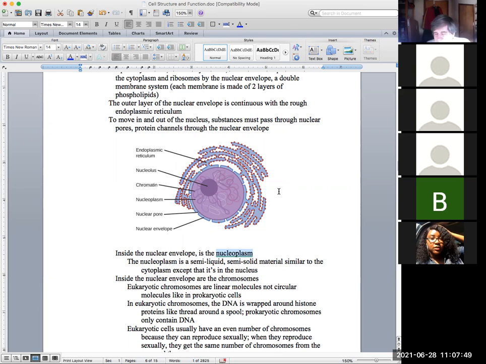Now, there's a disadvantage to this. This is a little bit slower. A bacteria cell can make proteins much more rapidly than a eukaryotic cell can. Prokaryotic cells can make proteins almost instantly. But there's also an advantage.